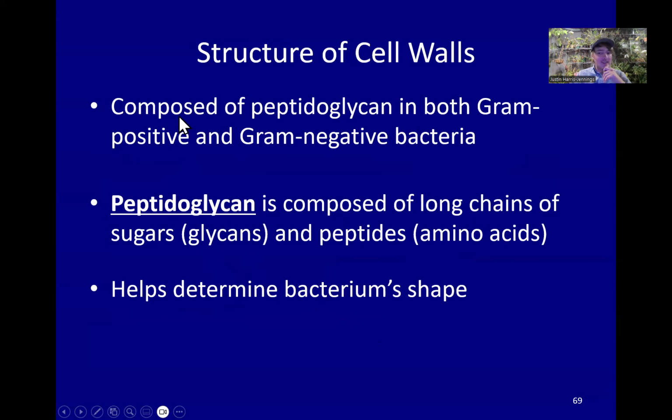But the biggest thing is it's looking at the structure of these cell walls. We already talked about how these cell walls are made up of peptidoglycan, a protein conjugated with a sugar.